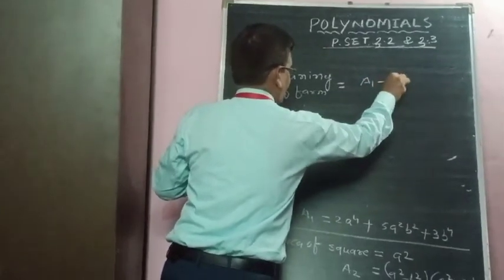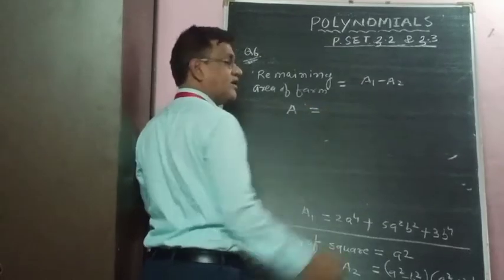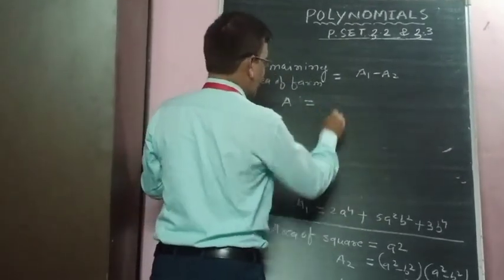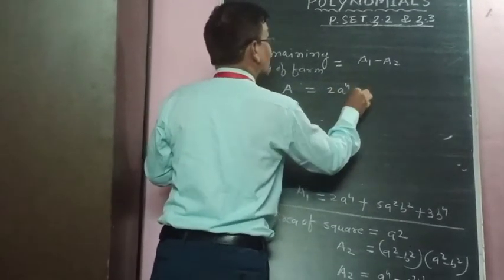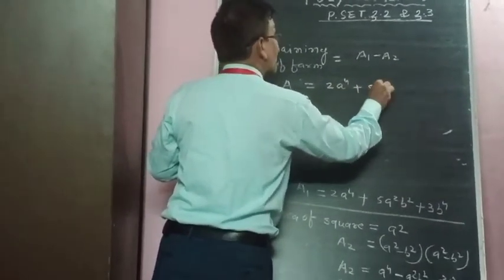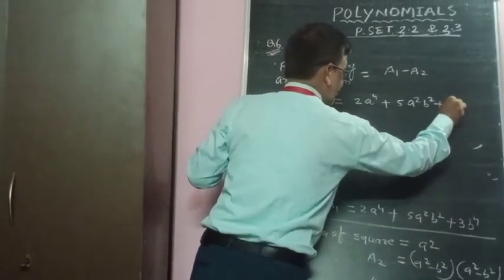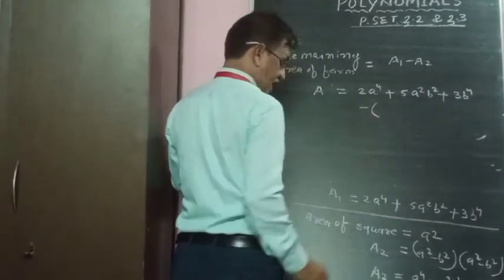A1 is 2a raised to 4 plus 5a square b square plus 3b raised to 4, minus A2.